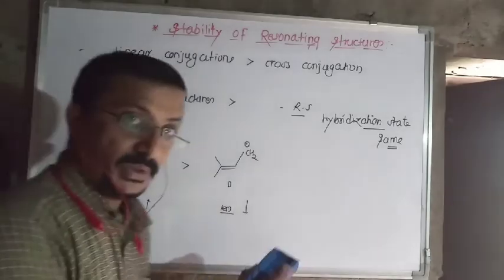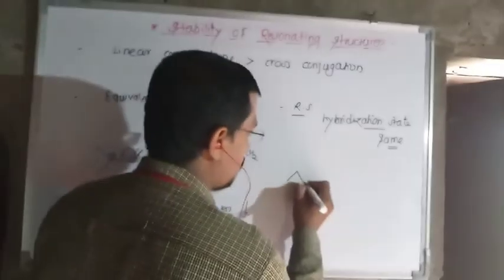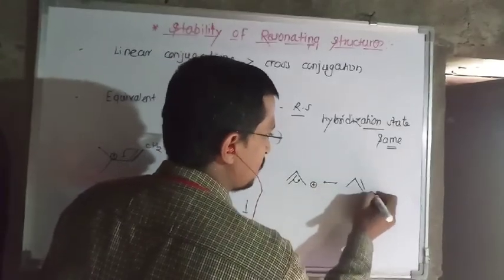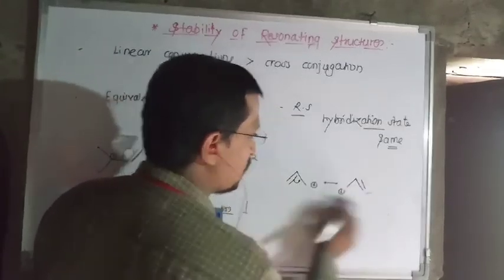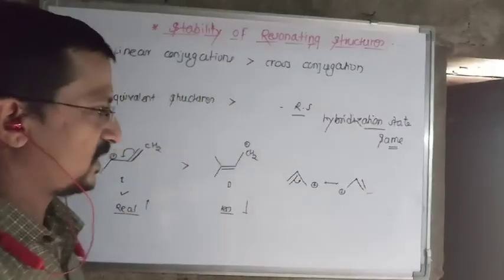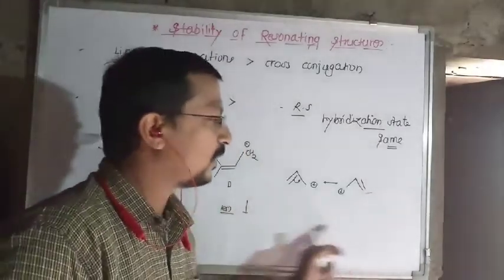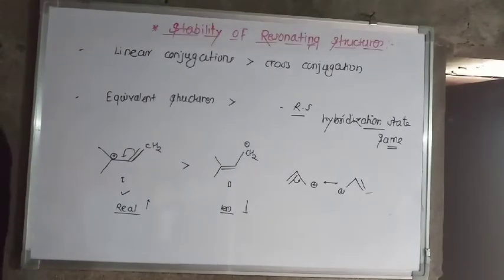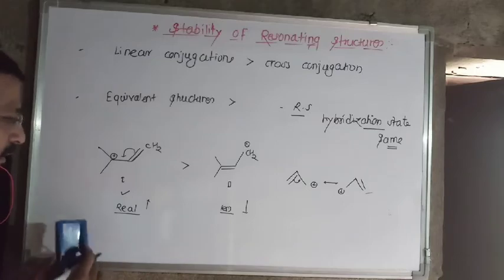But इक्विव्हॅलंट स्ट्रक्चरमध्ये तसं होत नाही. इक्विव्हॅलंट स्ट्रक्चरमध्ये काय होणार, लाईक दिस पॉझिटिव्ह, हिअर पॉझिटिव्ह. So these two structures are identical, and as structures are identical, therefore there is an equal contribution in the resonance.